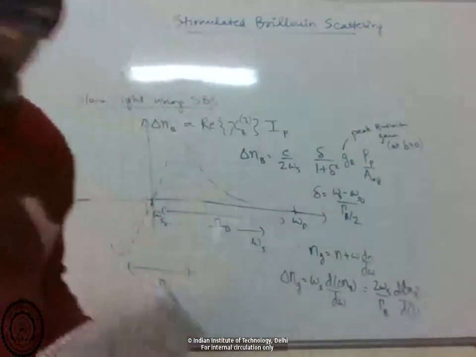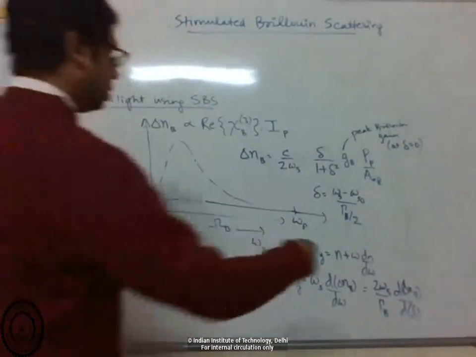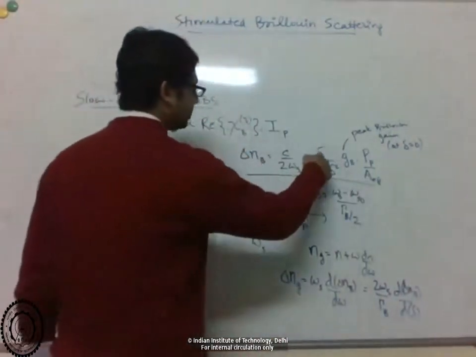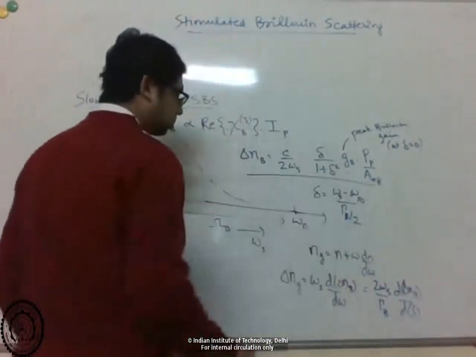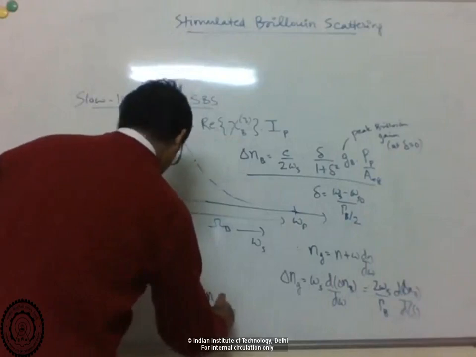This change in the group index is basically the derivative of this function with respect to delta.